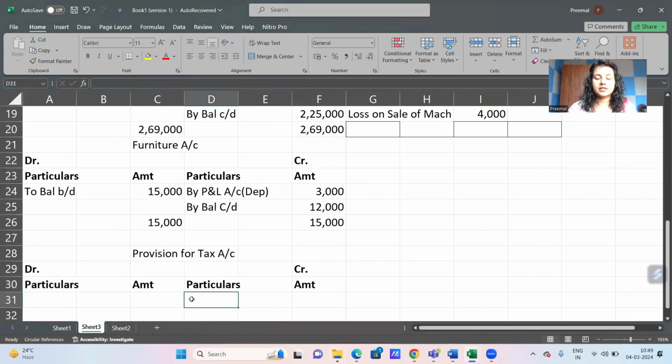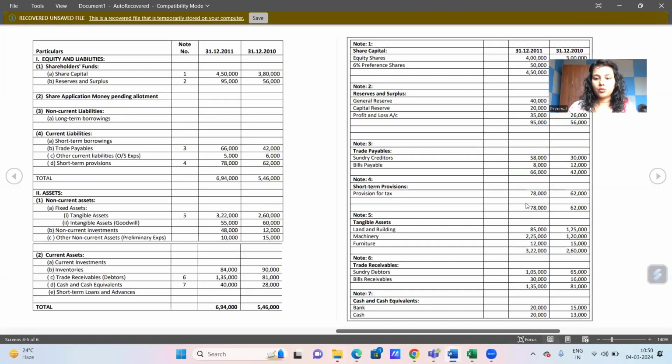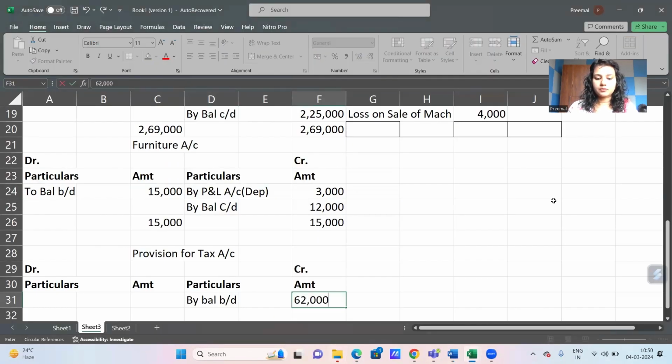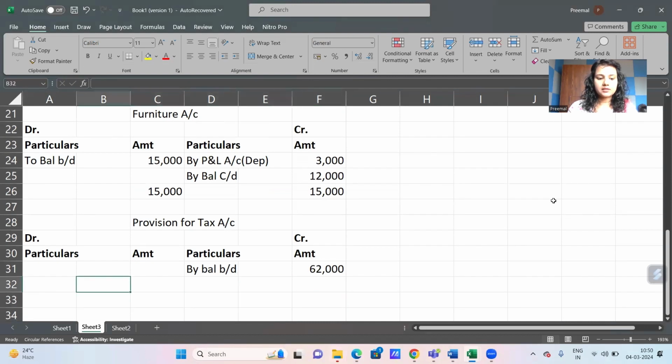Provision for tax is a liability, and hence the opening balance will be on the credit side. By balance brought down. The opening balance is 62,000. And the closing balance, to balance carried down on the debit side, is 78,000. Now, normally in the question, they do provide us with either the amount of tax paid or the amount of provision made. In case tax paid or provision made is not mentioned, then we'll have to make an assumption.